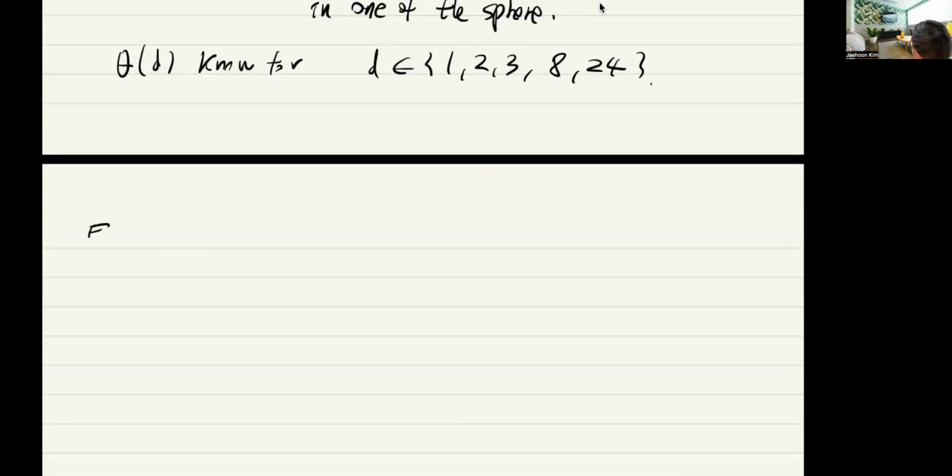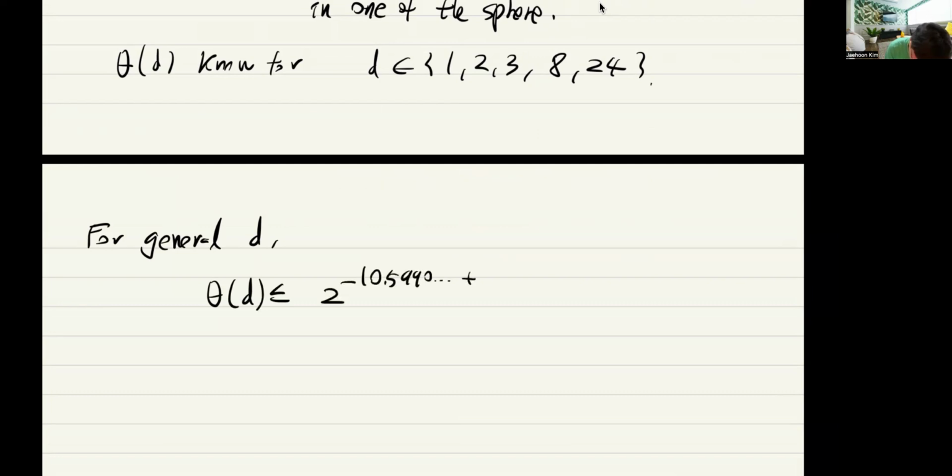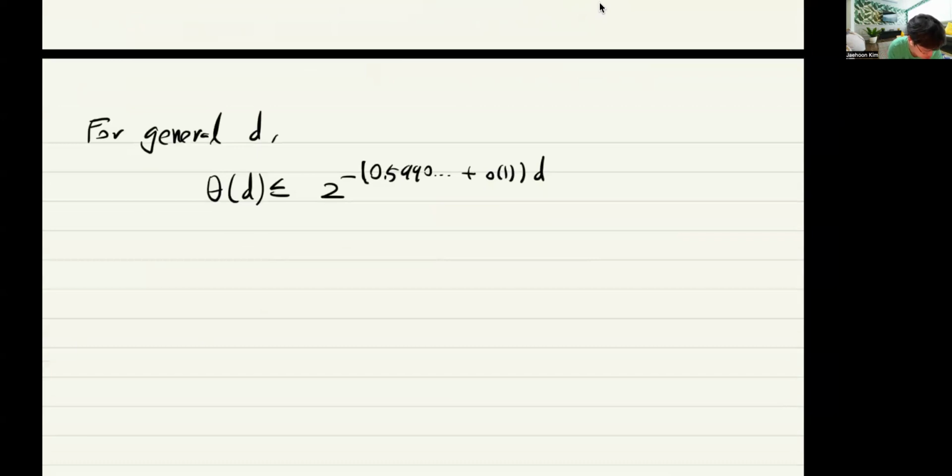Then we can ask for general d. Then what happened? The upper bound is known. Essentially, it is of the form 2 to the negative 0.599 d plus o(d).